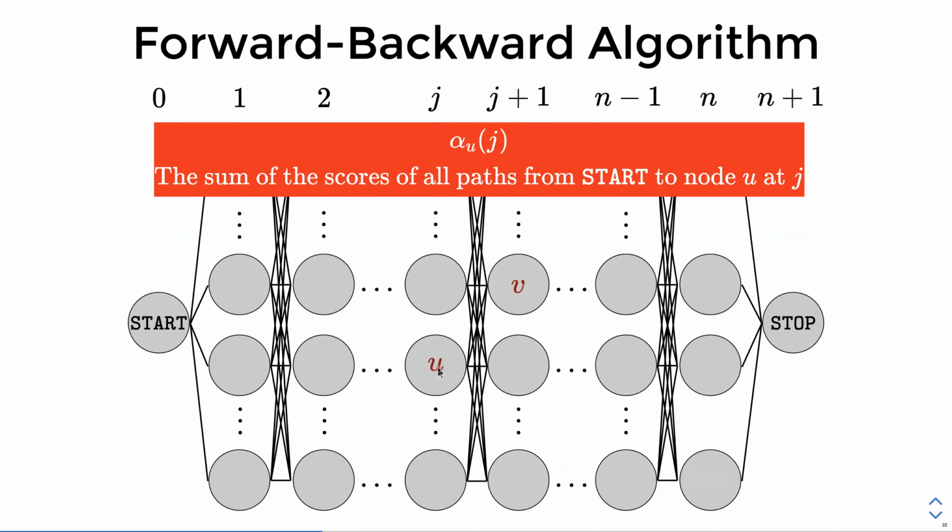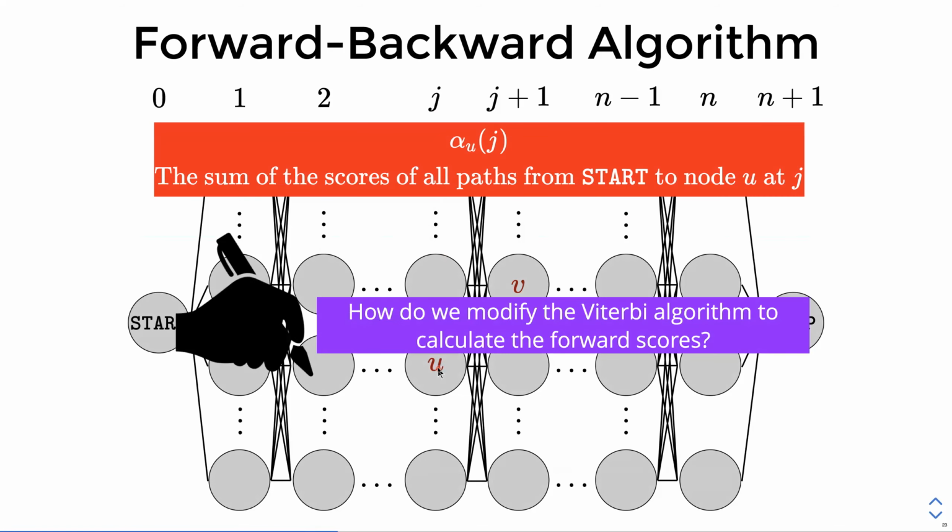Now the question is, how do we modify the Viterbi algorithm to calculate the forward scores? That's the first question we want to focus on. If you haven't thought about it, I suggest that you pause the video here and spend some time to think about the problem before we continue.